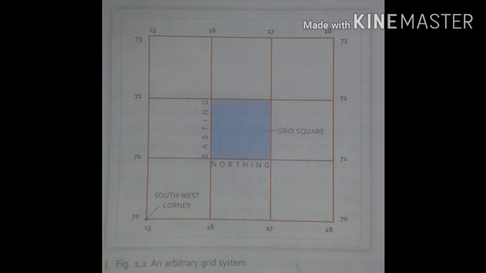Eastings 15, 16, 17 increase toward the east, and northings 70, 71, 72 increase northward. While giving the grid reference of a place, the easting is always quoted first and then the northing.